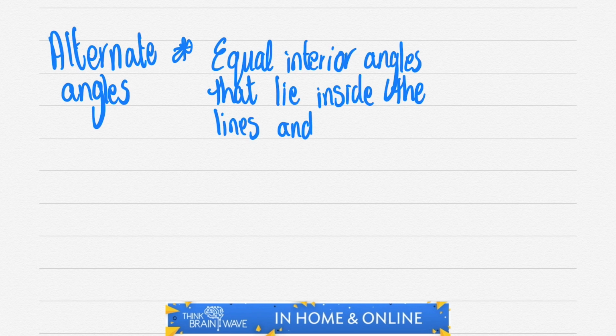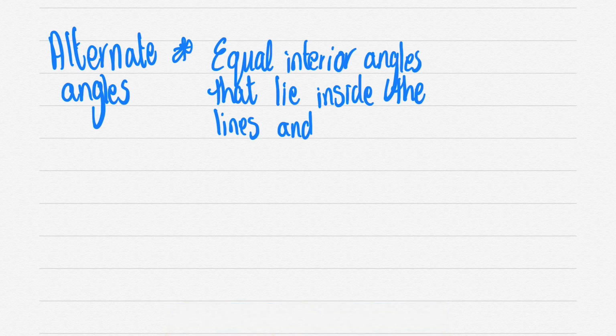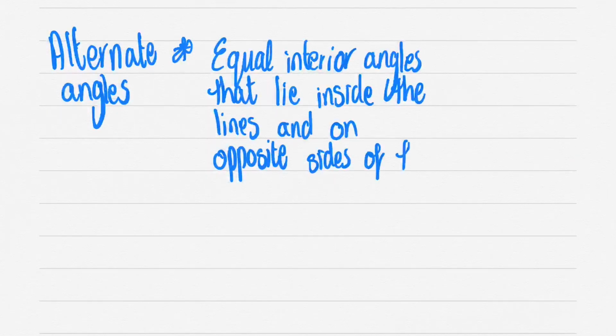However, they are not really vertically opposite, but they do share the parallel lines. The top turn of the Z would be angle 1, and the bottom turn of the Z would be angle 2. And these two angles would be equal.